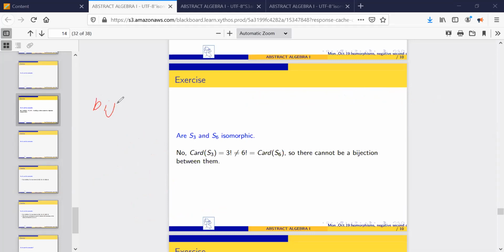Yeah. So it's just a bijective homomorphism, but obviously not all homomorphisms are bijective.